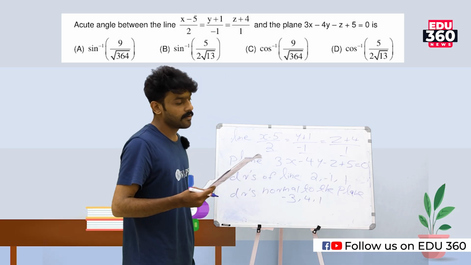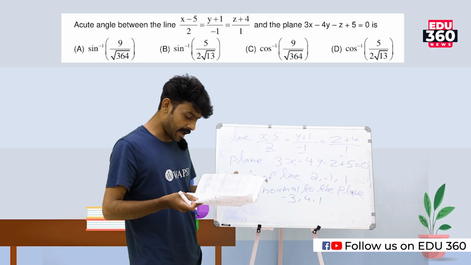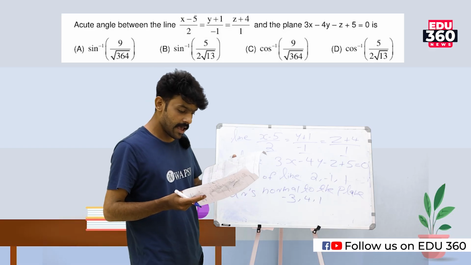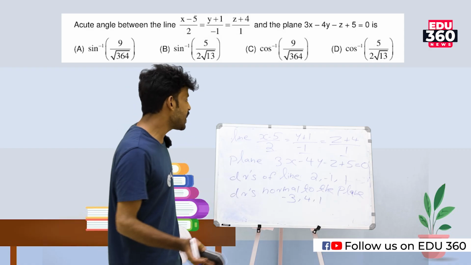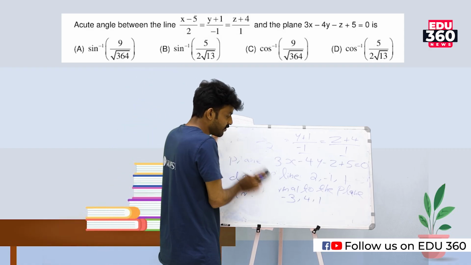So in this question, we need to find the angle between the line and the plane. The angle is represented by sine theta.